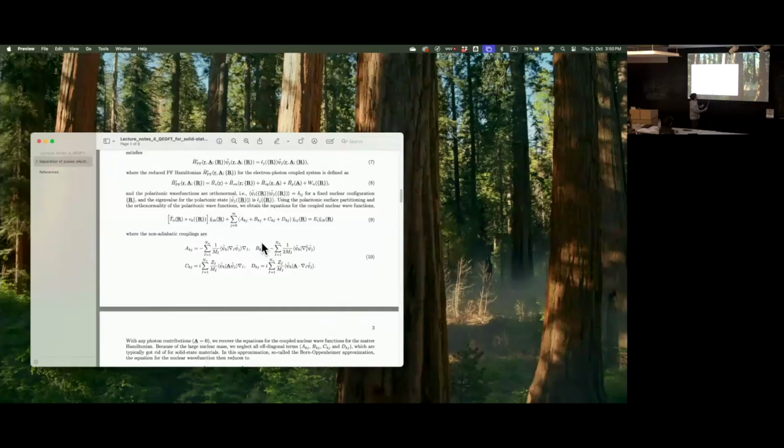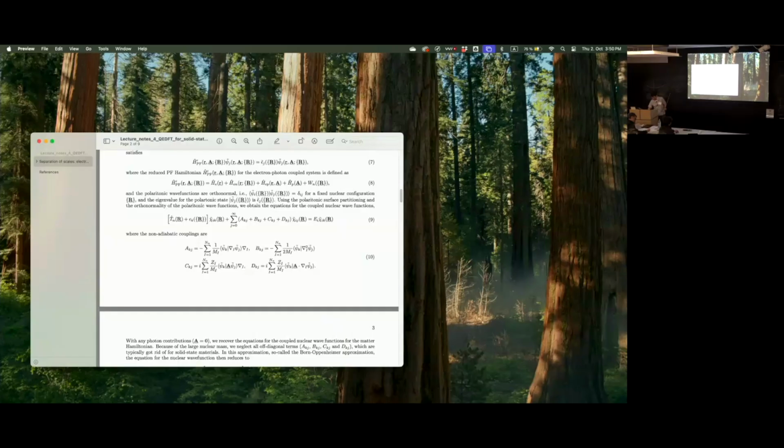So if you get rid of the photonic coordinates, basically we go back to the electron-nuclei system. Okay, and you can see that if the mass is quite large, then basically we can get rid of the off-diagonal term. But for the C and D off-diagonal terms, you are going to see there's an A field, and this term will become very large when your frequency goes down. Okay.